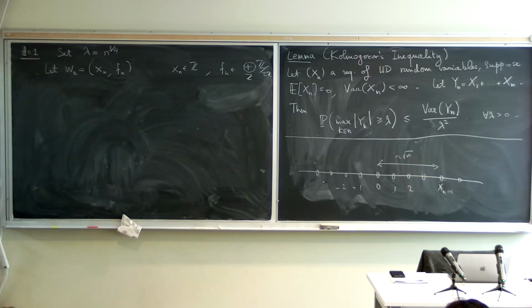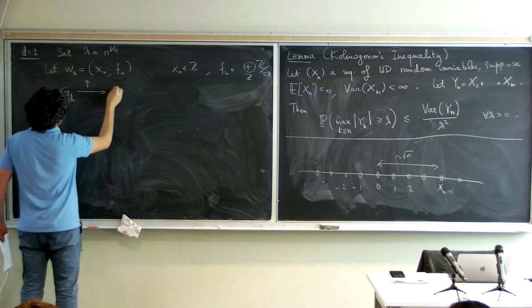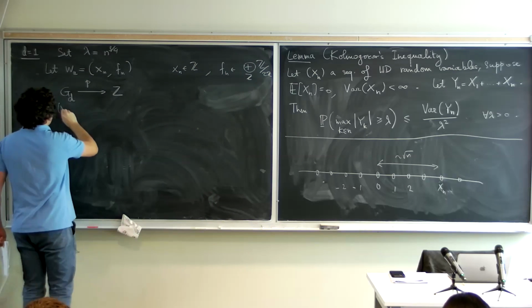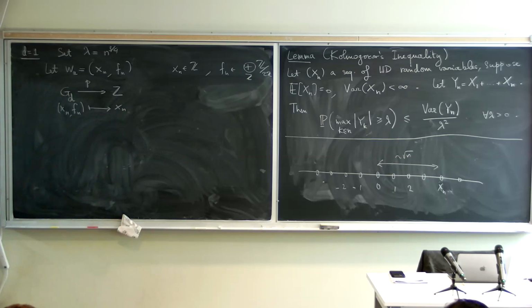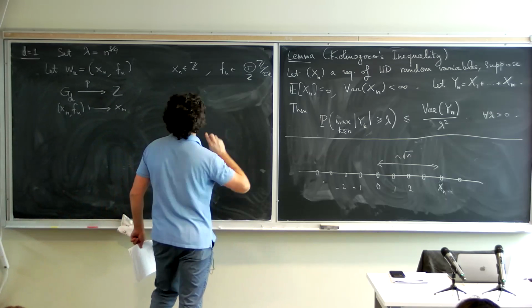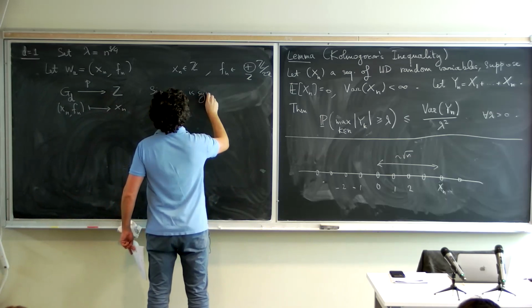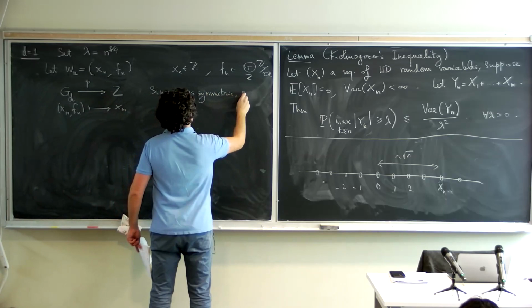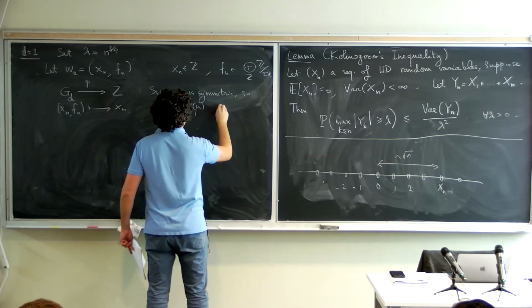The random walk in G_D projects to a random walk on Z just by looking at (X_n, f_n) going to X_n. Since mu is symmetric, so is the pushforward measure p_* mu, which is a measure on Z.